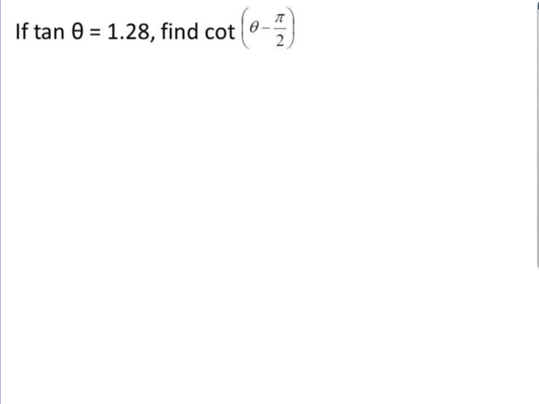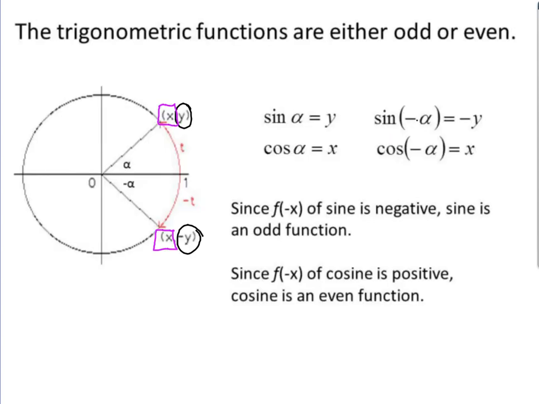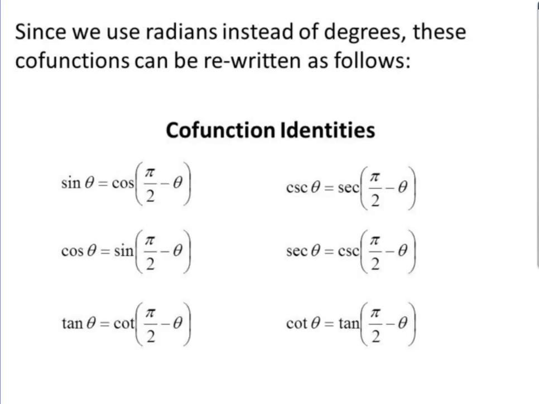Now we know that the tangent of theta is equal to 1.28. We need to find the cotangent of theta minus pi over 2. Now if we look back at our cofunction identities, we know that the tangent of theta is actually equal to the cotangent of pi over 2 minus theta.